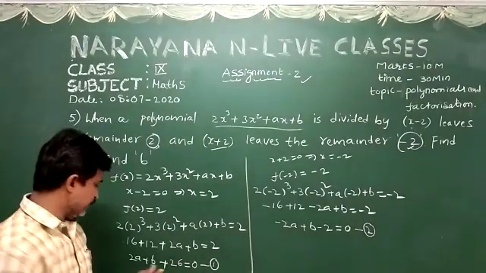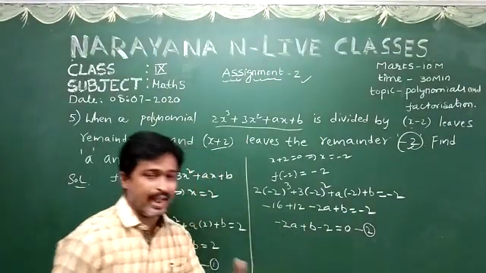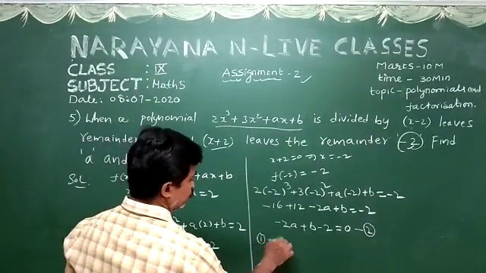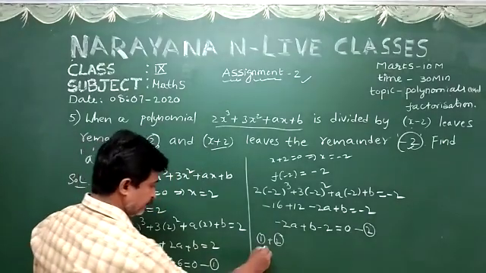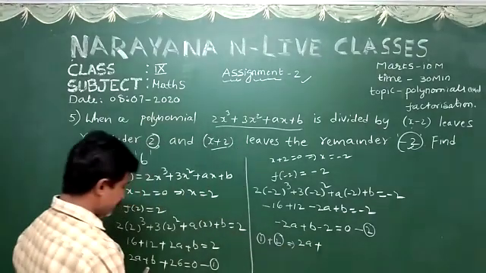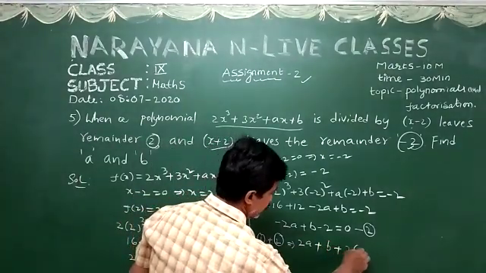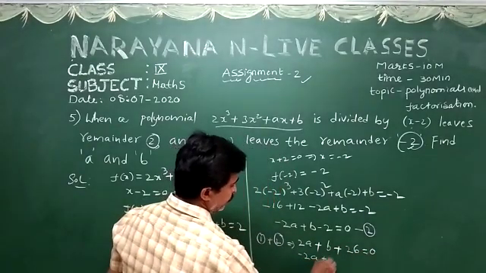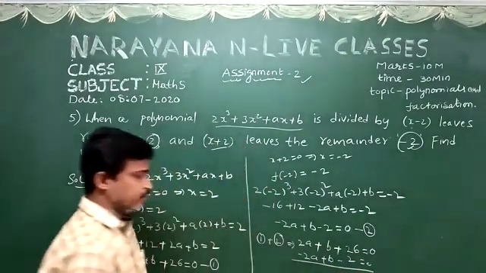In equation 1, the value of 2a; here this is minus 2a. Add these two equations, 1 plus 2. 2a plus b plus 26 is equal to 0, and this is minus 2a plus b minus 2 is equal to 0. We will get these two.